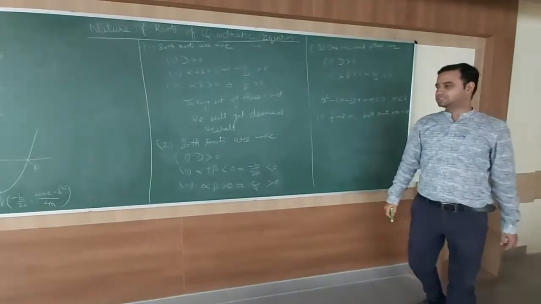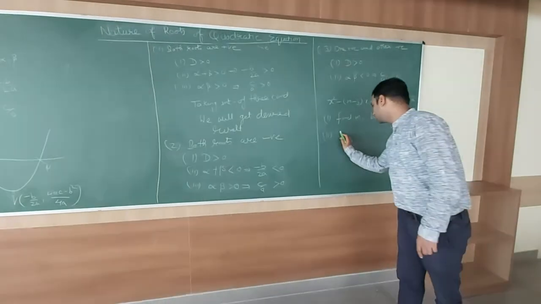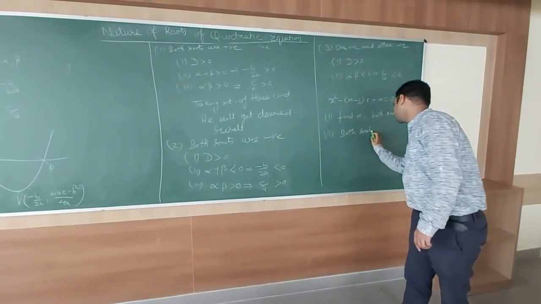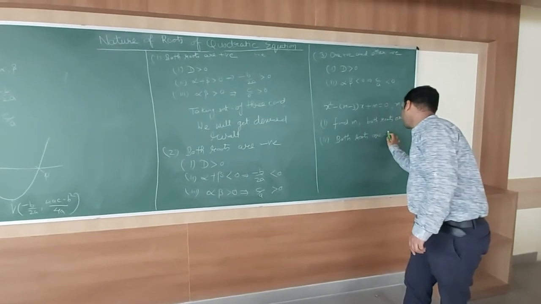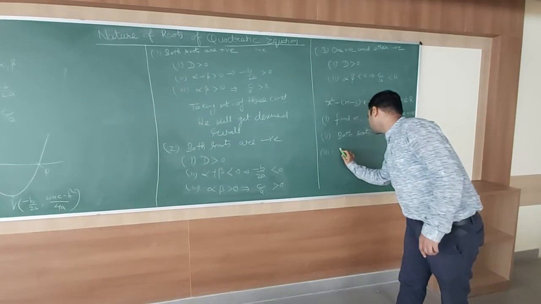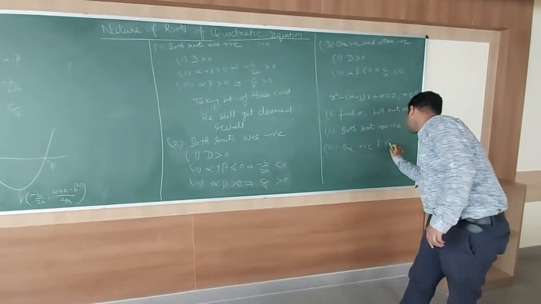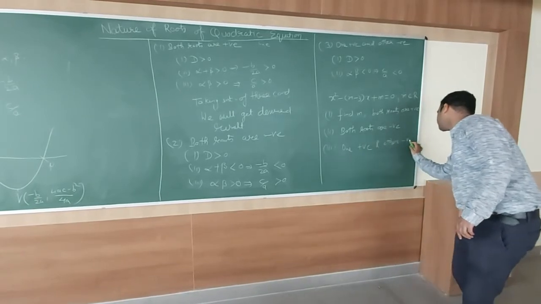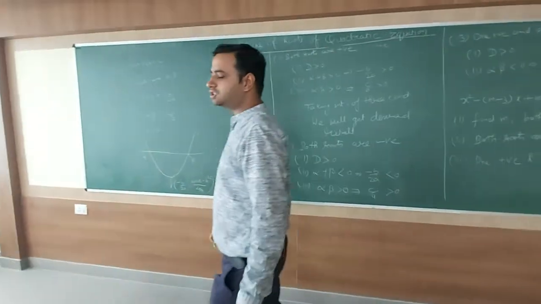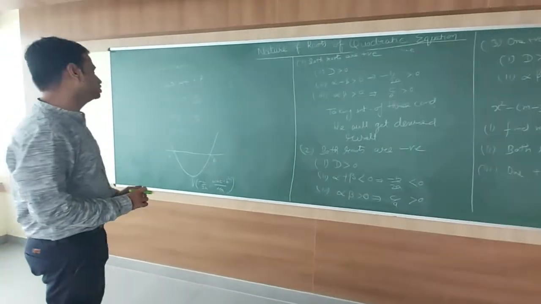Second, both roots are negative. And third, one root positive and the other negative. So first of all, we will illustrate the first point of the question, both roots are positive.